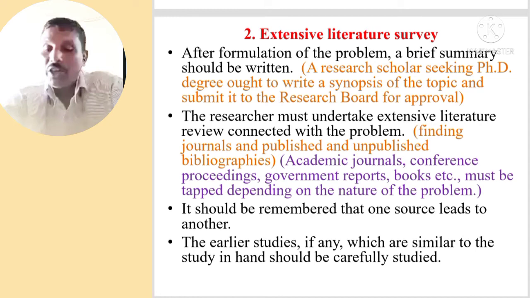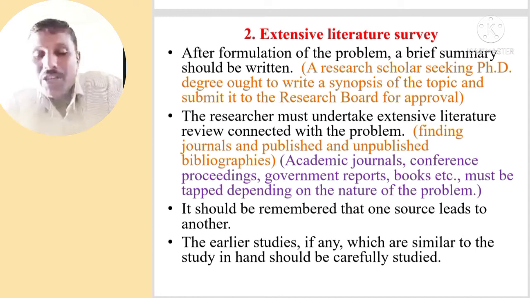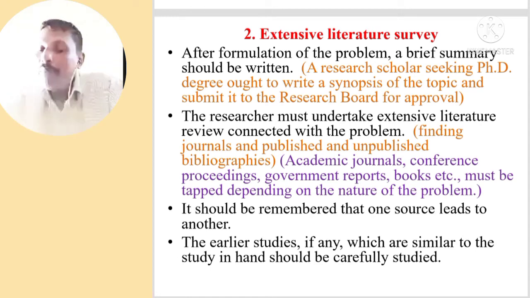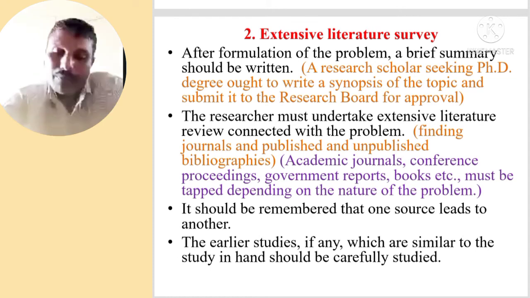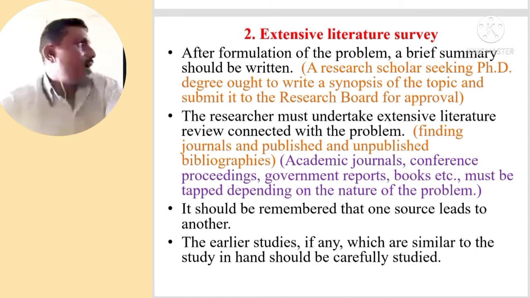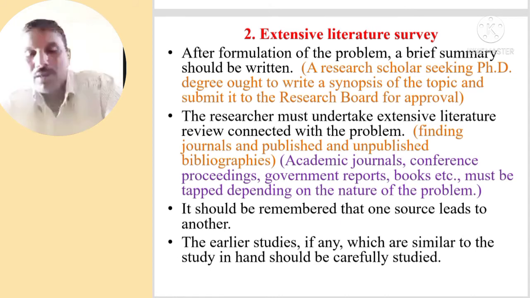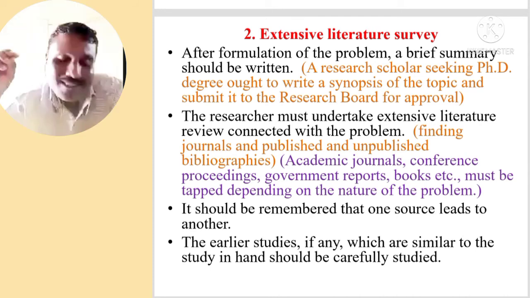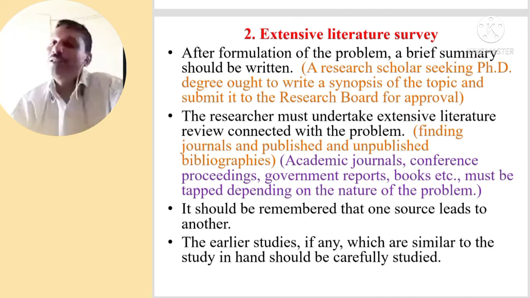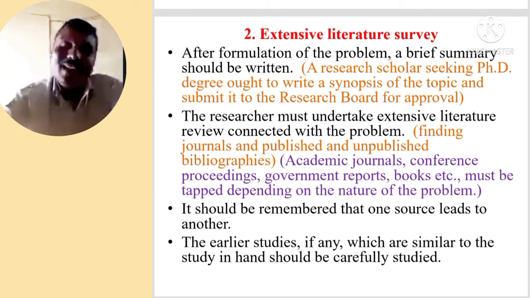Even if you are listening to the titles, you must be confused, right? Finding journals. How many possible journals are there on this topic? How many are published and unpublished? If there are published bibliographies, that is good. If unpublished bibliographies, that is also good. You find bibliographies on Shodhganga, I suppose, right? It's easy to find bibliographies on Shodhganga, but I have seen that people download the bibliographies from Shodhganga just to use them at the end of the synopsis.